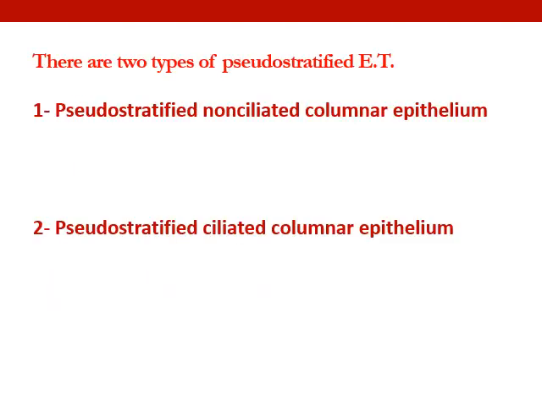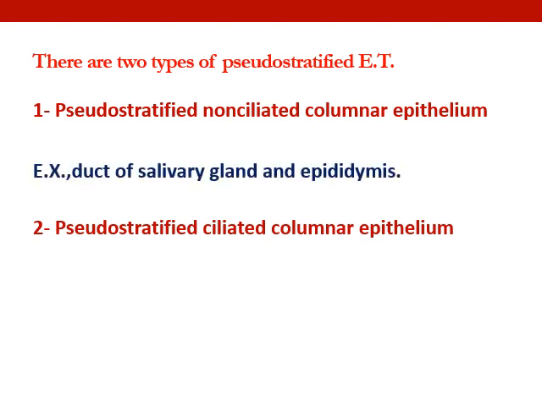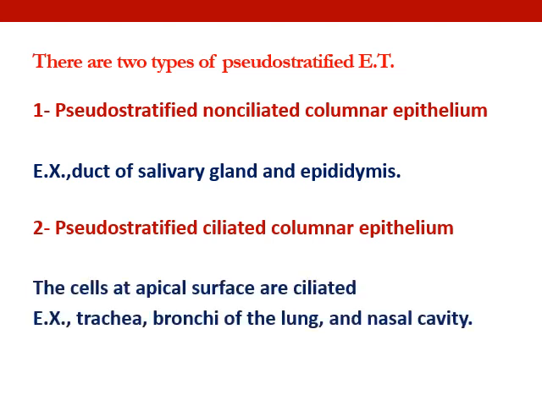There are two types of pseudostratified epithelial tissue: pseudostratified non-ciliated columnar epithelium, for example, in the duct of salivary gland and epididymis, and pseudostratified ciliated columnar epithelium.